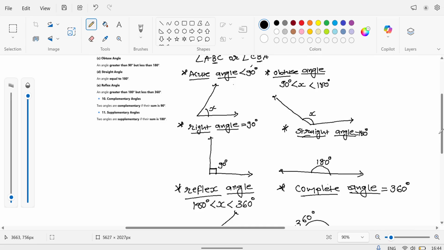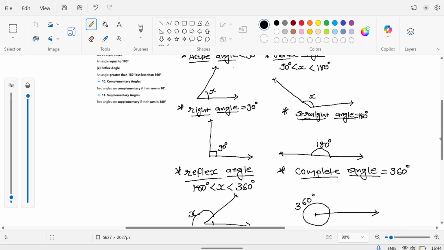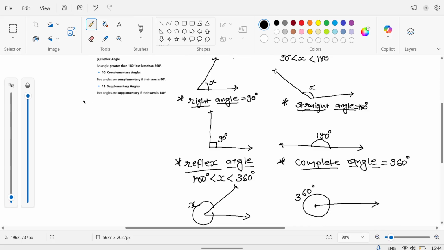Another topic is complementary and supplementary angles. Complementary means that if the sum of two angles is 90 degrees, those angles are called a pair of complementary angles.